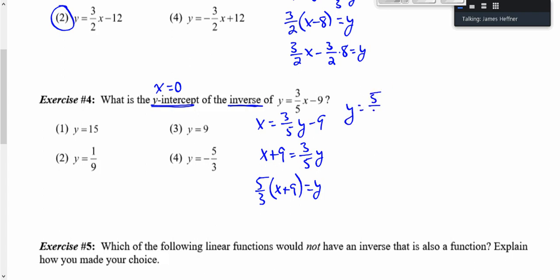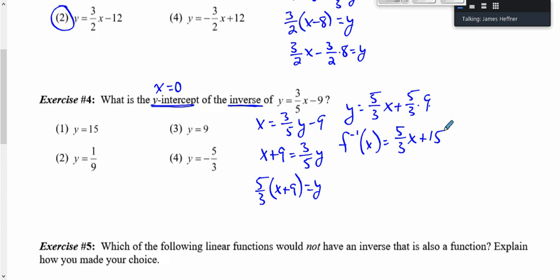Anybody get it yet? Yes, it's number 1. Choice. Well, what's the inverse, though? Oh, the inverse. It's Y equals 3/2 times (x minus 8). Plus 15. So 9 divided by 3 is 3, times 5 is 15. Right?